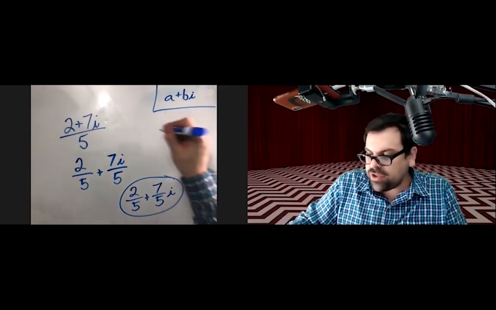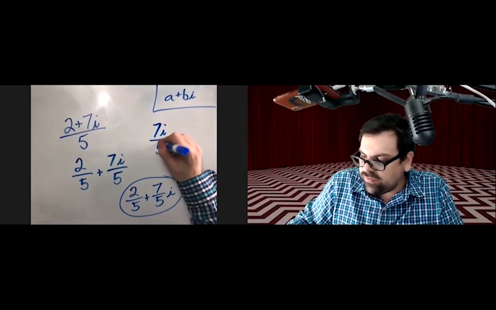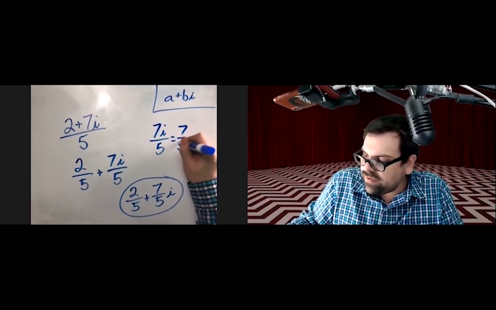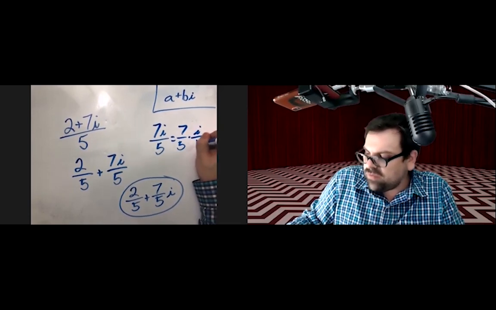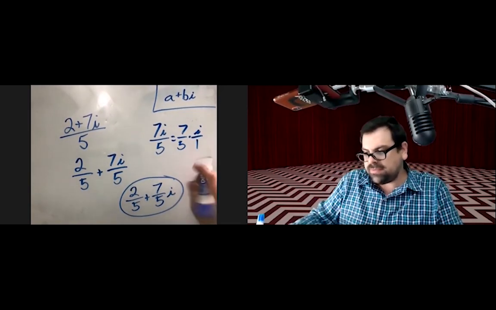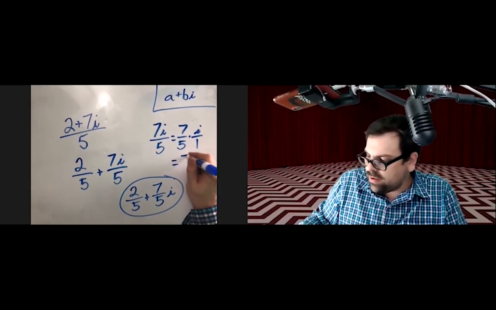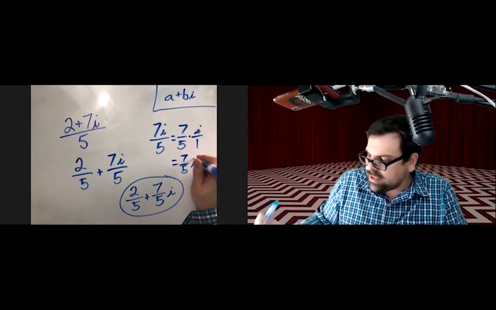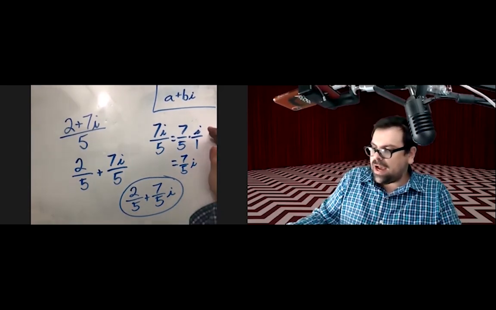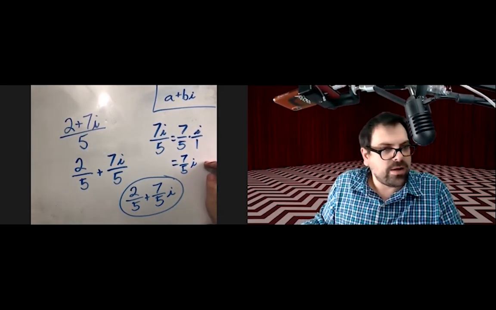Now, my logic here is 7i over 5 would be 7/5 times i over 1. That's multiplication of fractions. And then anything over 1 is itself. So i over 1 is an i on its own.